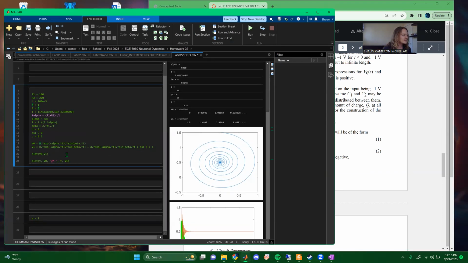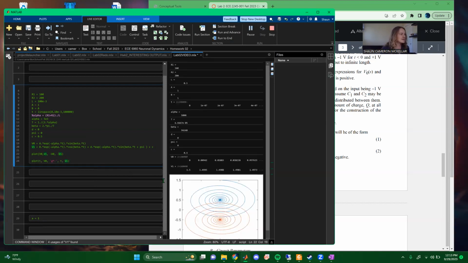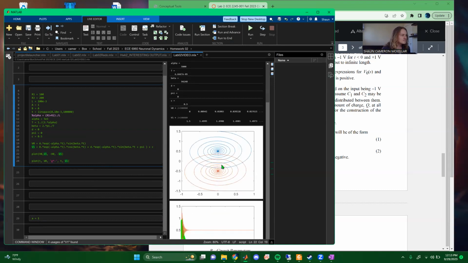Let's see if we can do some interesting stuff. If I want to also, on the same plot, plot negative V0 and negative V1. What does that get us? We see two overlapped plots, and they have some phase shift or some voltage shift here.